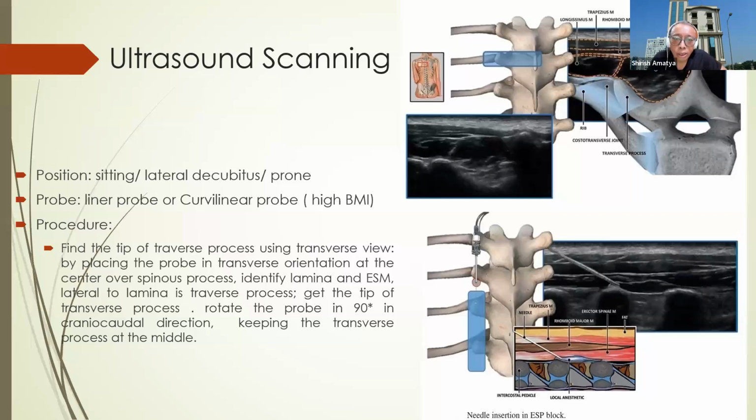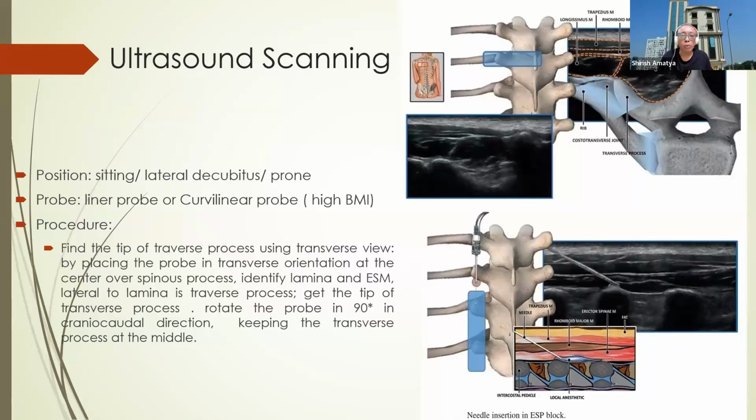This is the ultrasound scanning for the erector spinae plane block. Normally, the position of the patient can be sitting, lateral, or prone. We usually use a linear probe, or sometimes a curvilinear probe if the patient is slightly obese or has a high BMI. We can identify the tip of the transverse process by two methods.